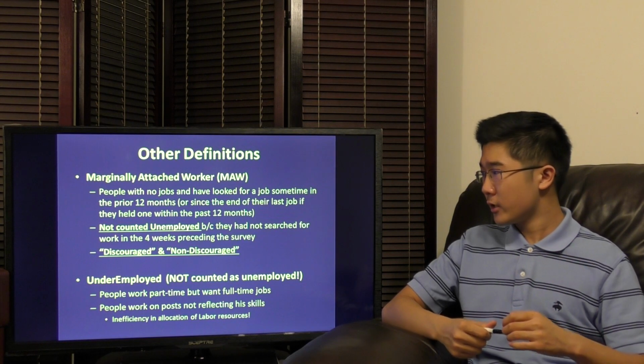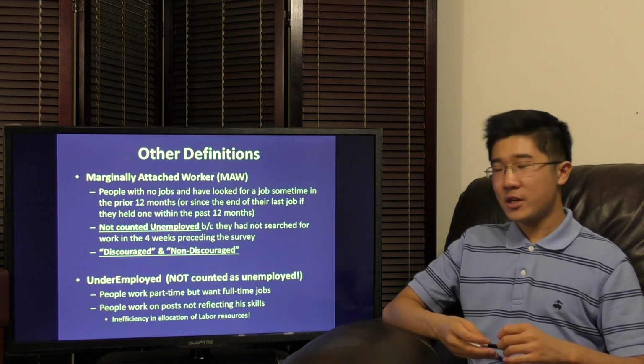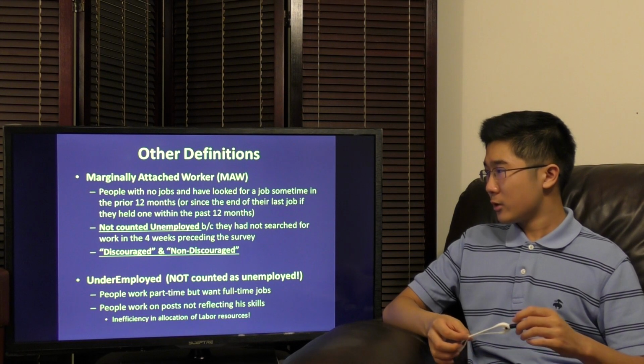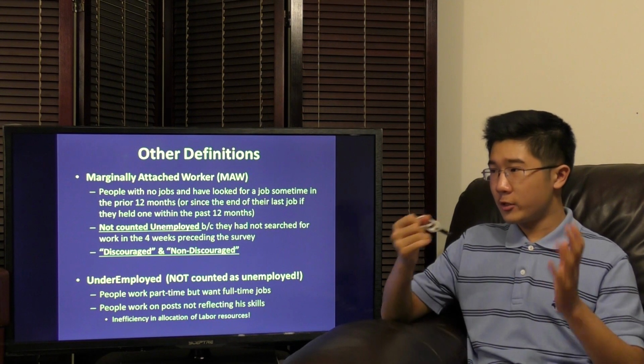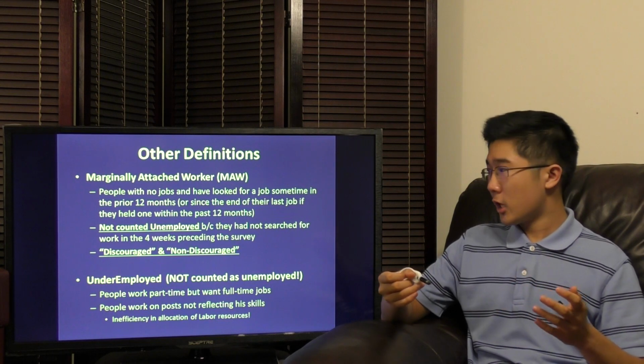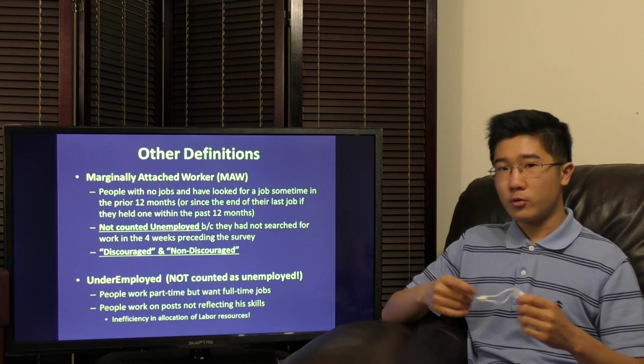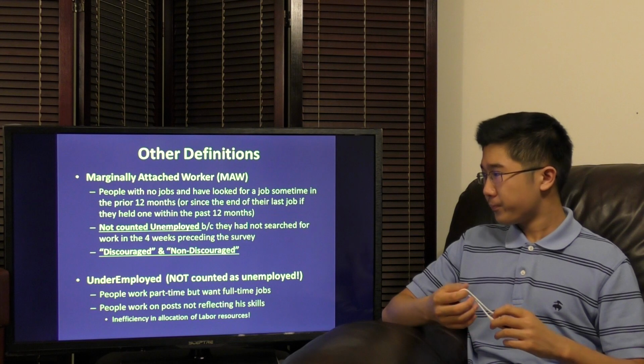And of course, the subsets of marginally attached are discouraged workers, basically workers who, more generally speaking, have given up looking for a job. And non-discouraged workers are people who still look for a job.